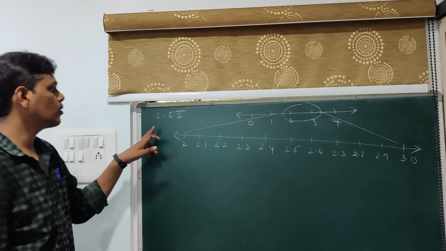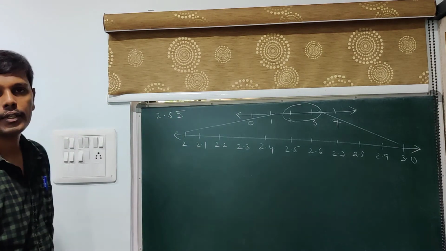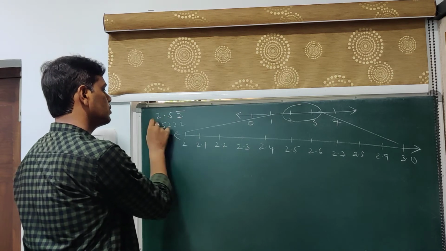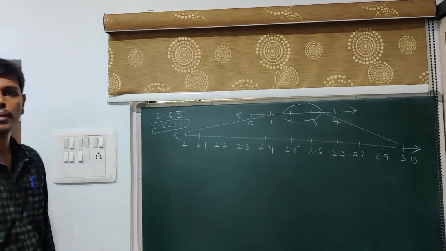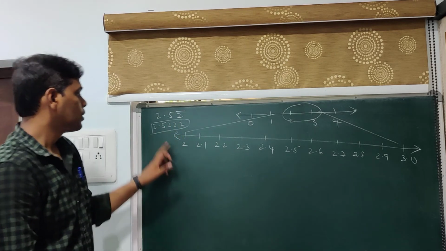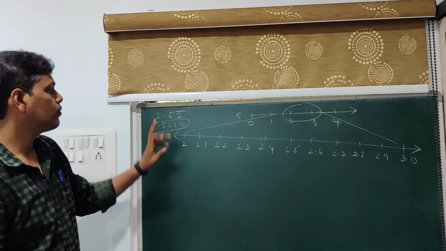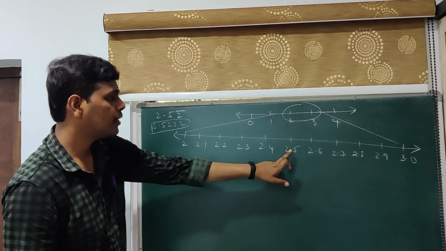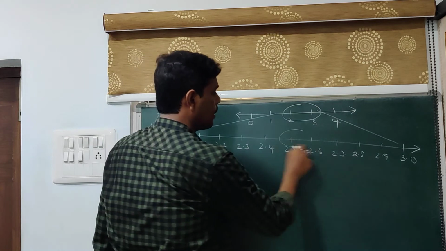Okay. Now I can think of where is 2.522. That is, we need to mark this number, 2.5222. This is what we need to mark, because they have asked you only up to 4 decimal places. So this is what I'll be marking. So now think of where is 2.522. So 2.522 will lie between 2.5 and 2.6. So magnify this.